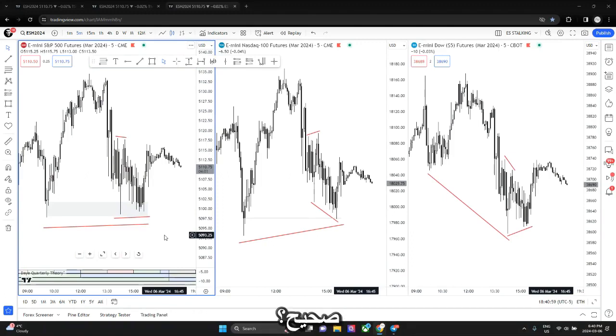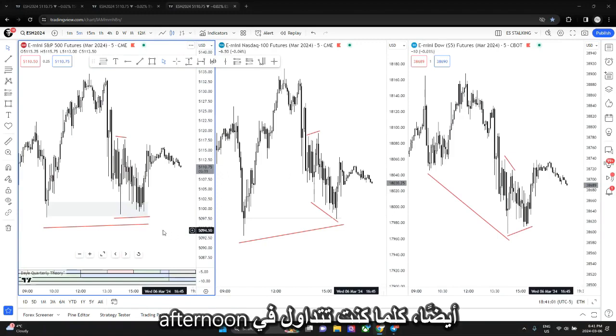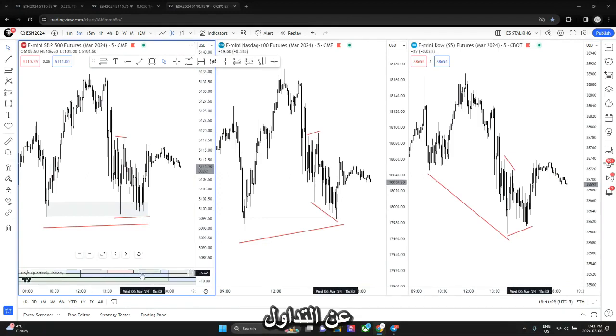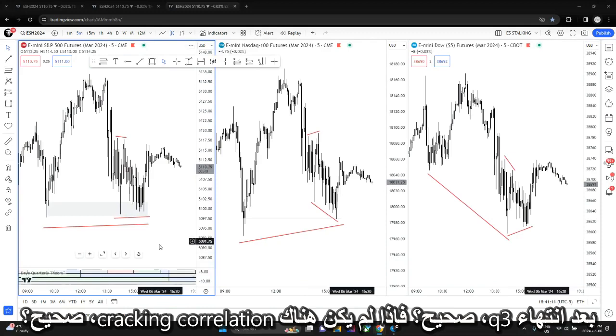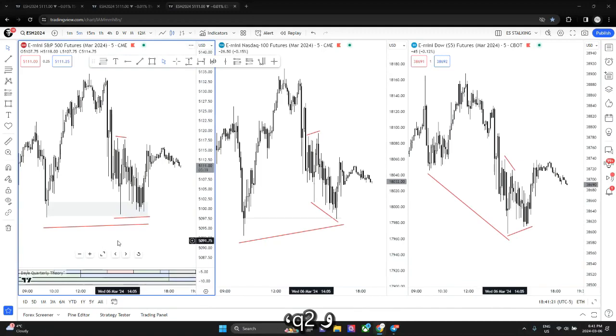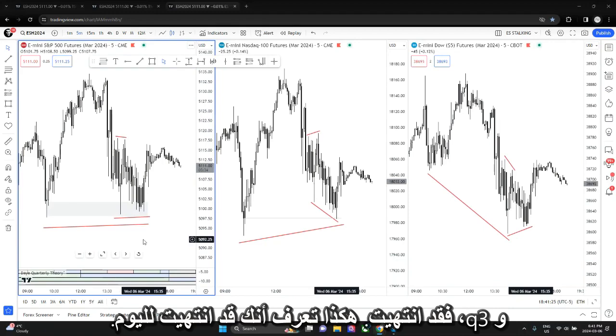Also, whenever you're trading the afternoon session, you want to stop trading after Q3 finishes, right? So if there is not a cracking correlation, or a sequential SMT between Q1 and Q2 or Q2 and Q3, you're done.